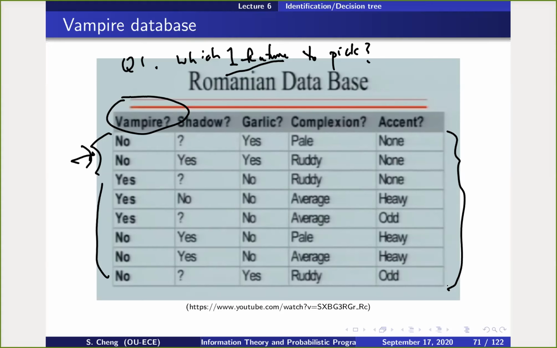For example, if I want to estimate the price of a house, that would be a regression problem, because it can be any number, from maybe 10,000 to a million, or over a million. But for this problem, we only want to classify if someone is a vampire or not. So I have several answers. Are you guys done with this? Do you look at that carefully? Look at each of these features.